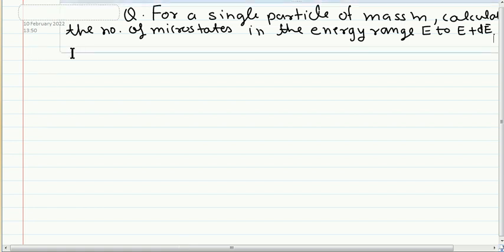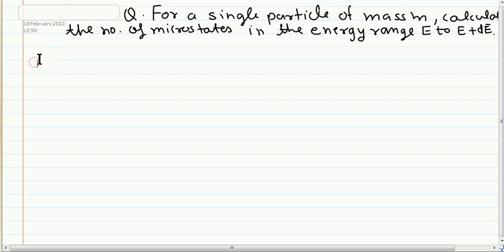The difference is in the energy range. The first question was asking to calculate the number of microstates in the energy range 0 to E. But in this question, it is the energy range E to E plus dE. So this is the difference.